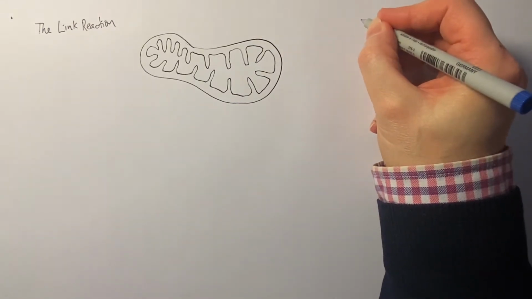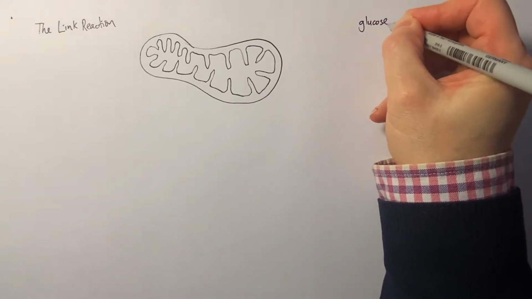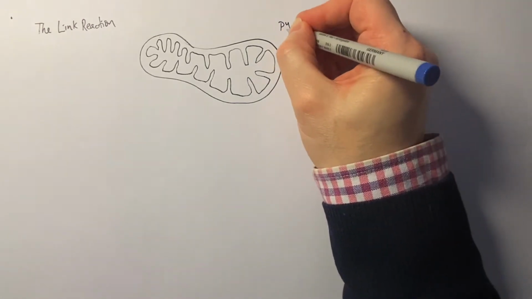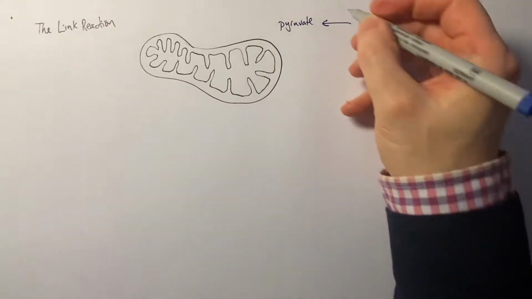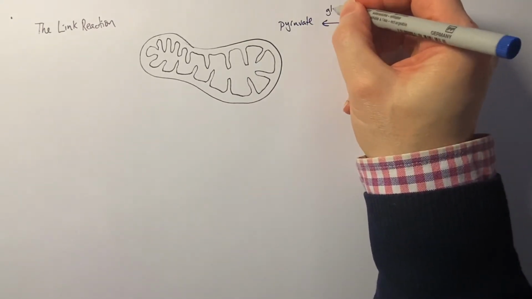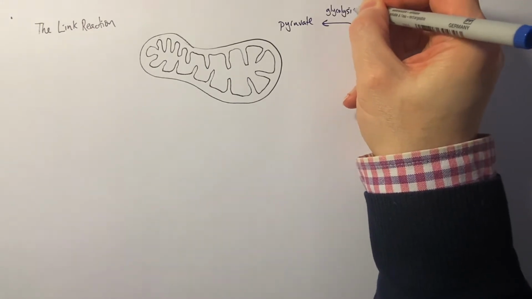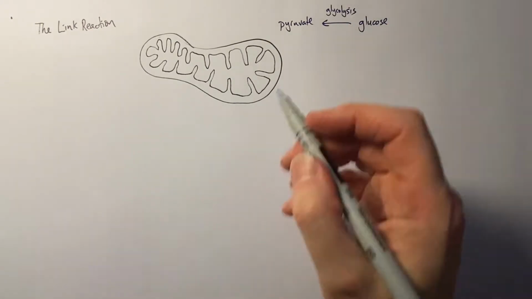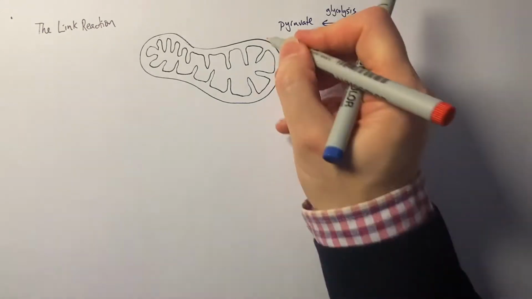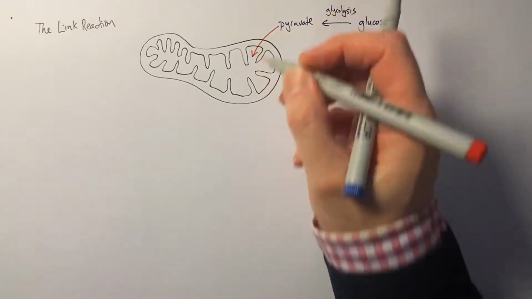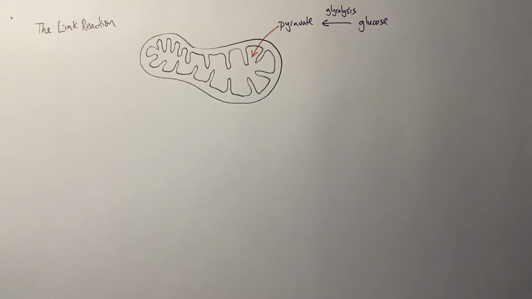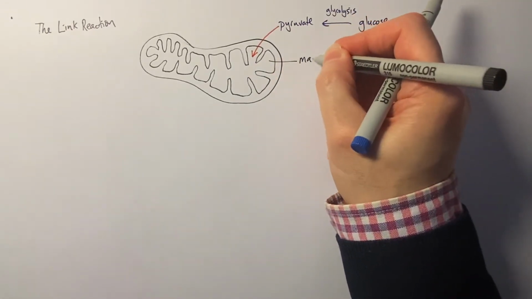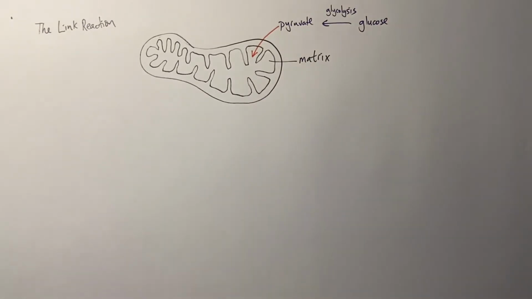So we've got glucose going to form pyruvate through the process of glycolysis, and then that pyruvate is actively transported into the matrix of the mitochondria. And it's in the matrix, as I've said, where the link reaction and then Krebs cycle takes place.